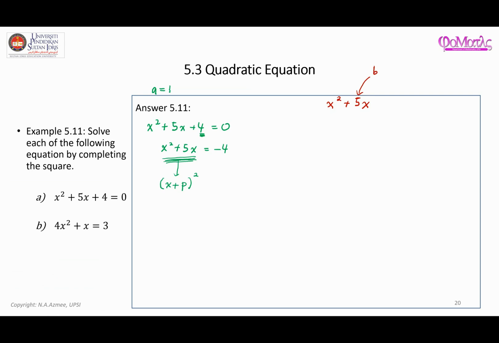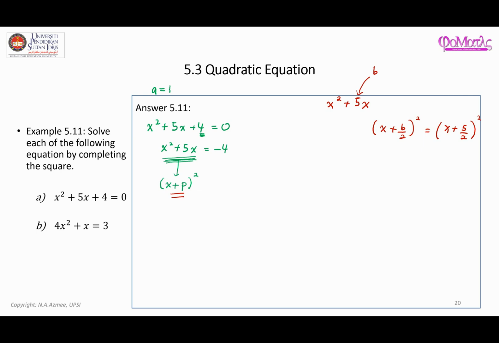So I can always express that in terms of x plus b over 2 squared. This is a simple trick, x plus b over 2 squared, in order to get this kind of form. Now what happens if we substitute b with 5? So that will be x plus 5 over 2 squared.